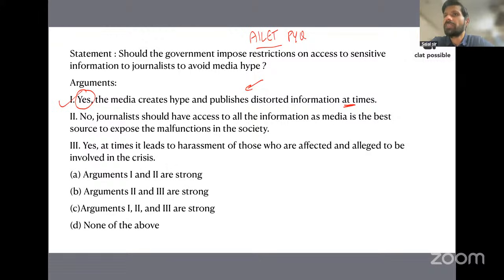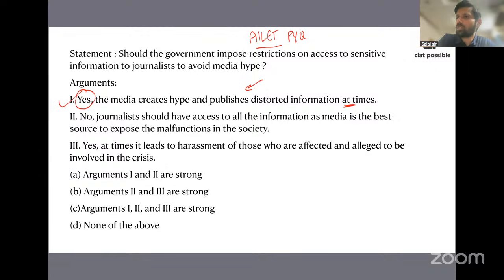It's like free speech, somebody holding a view of being a free speech absolutist, right? So all information should be shared with the general public, and they should be allowed to expose any sort of malfunctions or something that needs to be addressed, right? So as I said, in a democratic free speech country, such an argument can work, right?